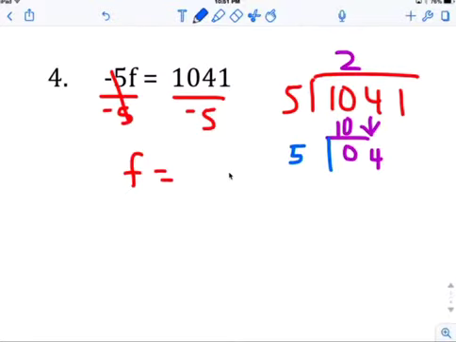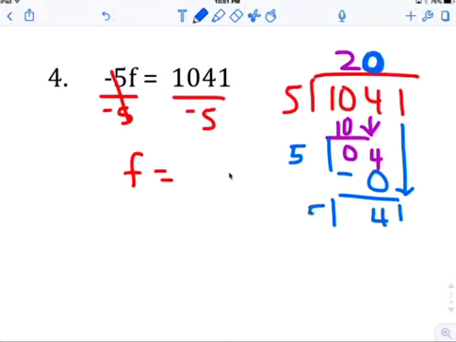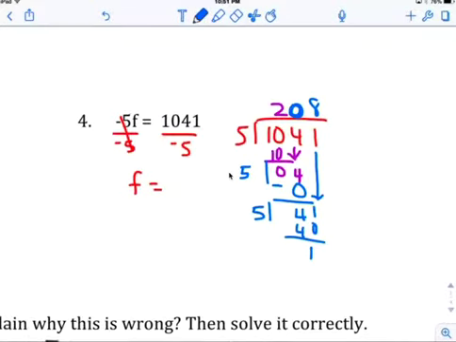5 cannot go into 4, so you have to put that 0 up on top of the 4 because it cannot go in. And the 0 here, you got a remainder of 4, but you can't stop because there's a 1. Now divide by 5 into 41, you get 8, you get 40, and now that's a remainder of 1.